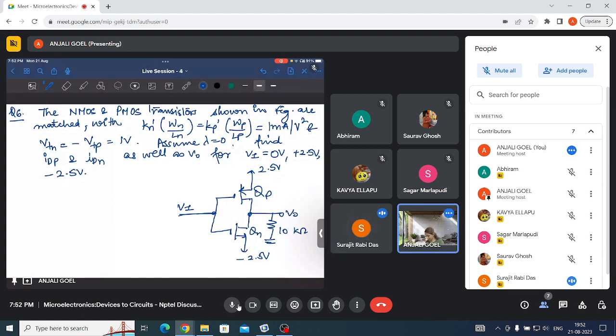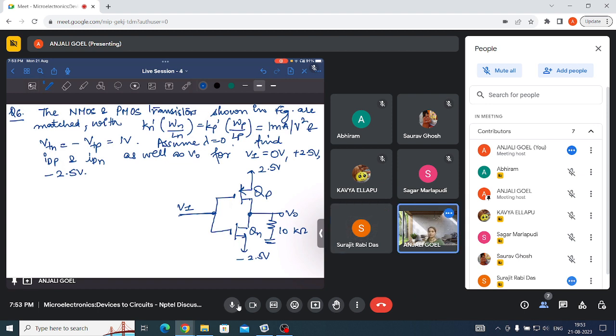I'll check. Can you repeat? PMOS is cutoff and NMOS in linear.